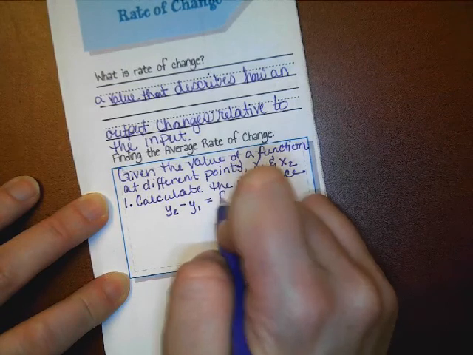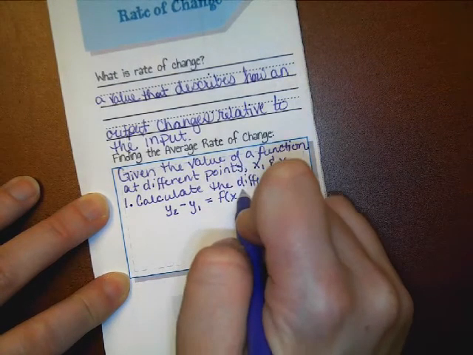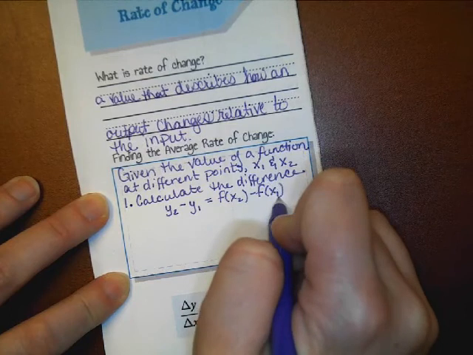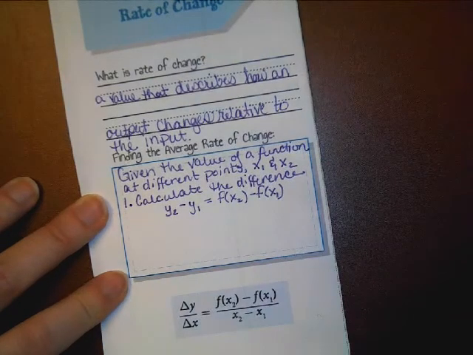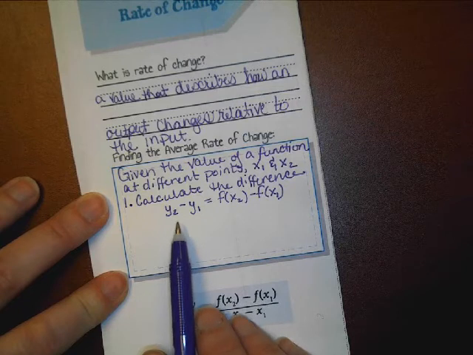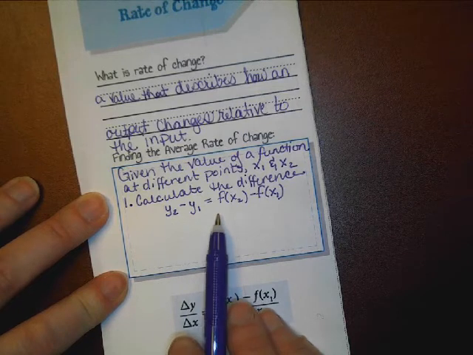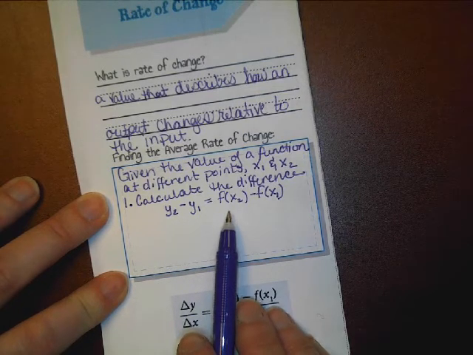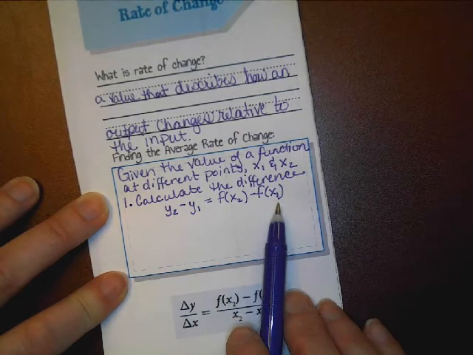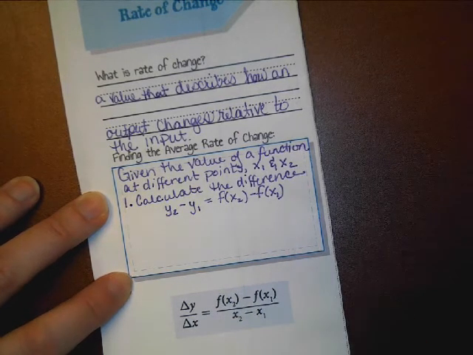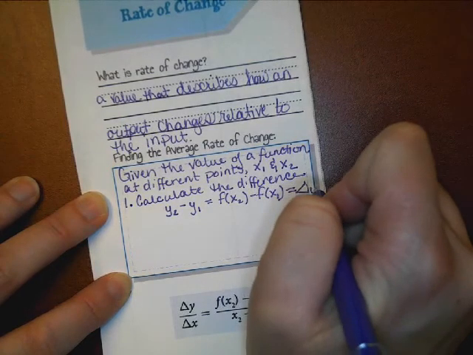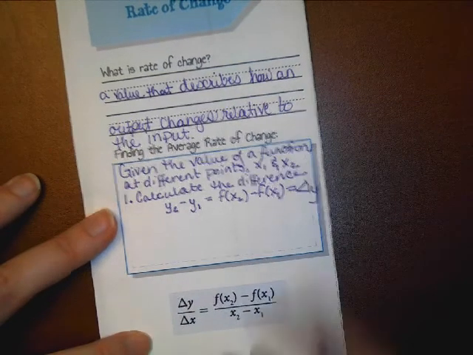Another way we could write that is f at x2 minus f at x1. Those are identical ways of writing it. y2 minus y1 is exactly the same as f at x2 minus f at x1. That's also the symbol delta y.